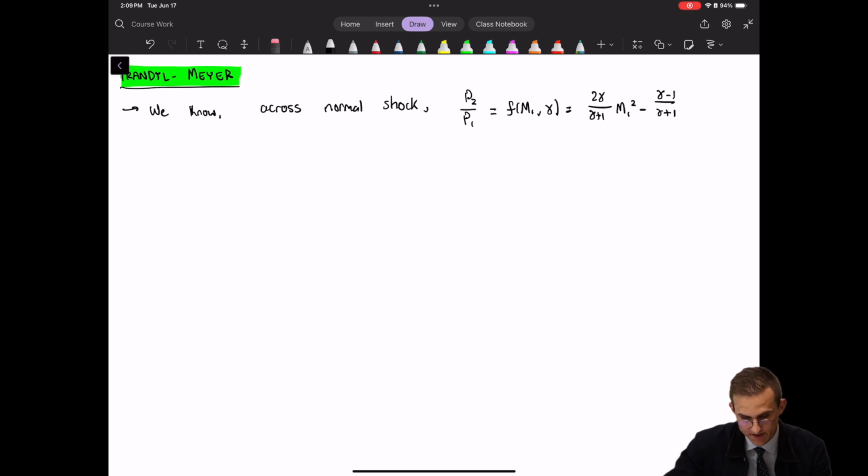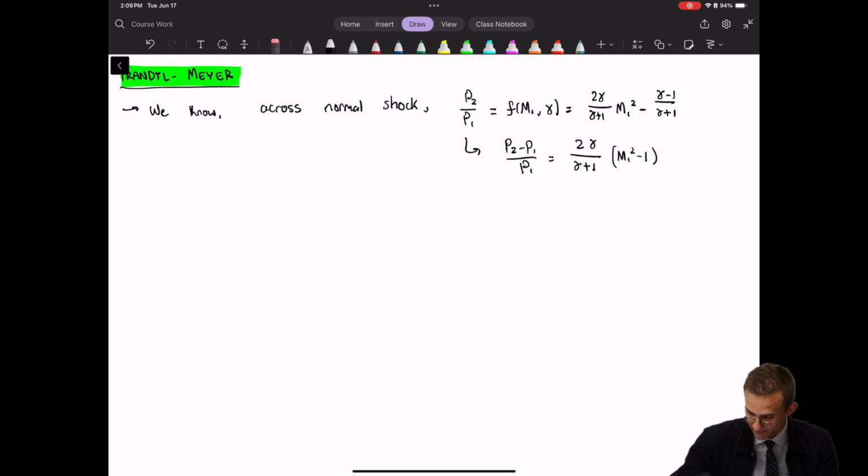Okay, we can subtract 1 from both sides and rewrite this as P2 minus P1 over P1 is equal to 2 gamma over gamma plus 1 times the quantity M1 squared minus 1.